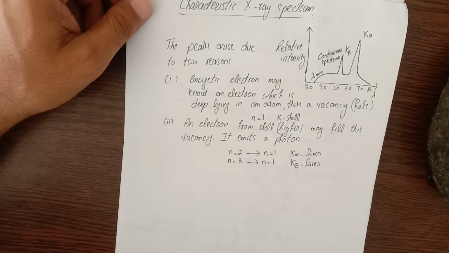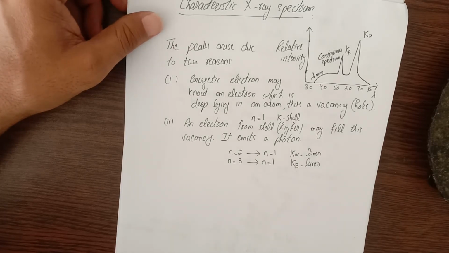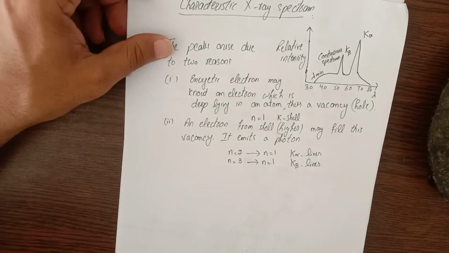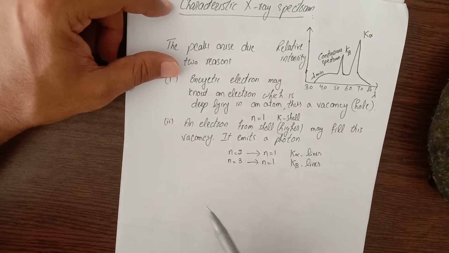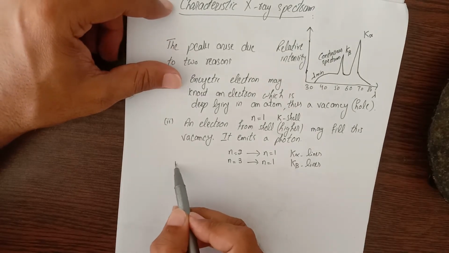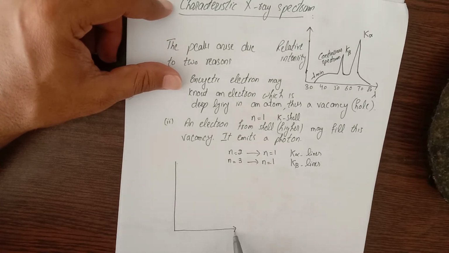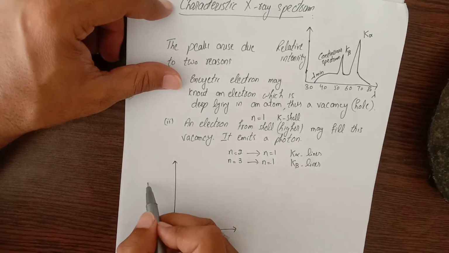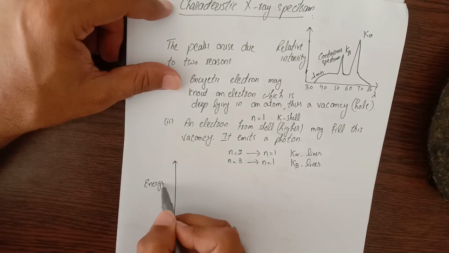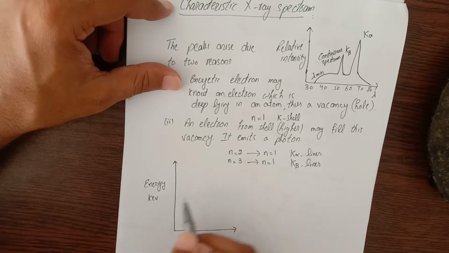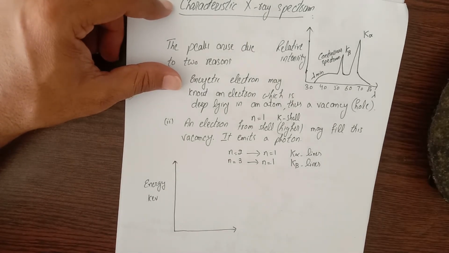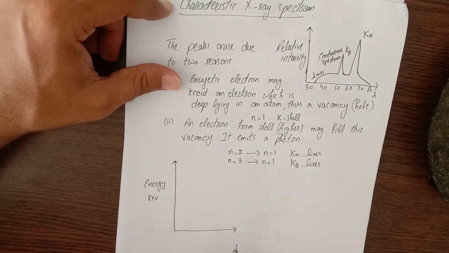We can see these changes tracked in an energy diagram. Suppose I have energy in kilo electron volts along this axis, and I have a hole which is created in the ground state.